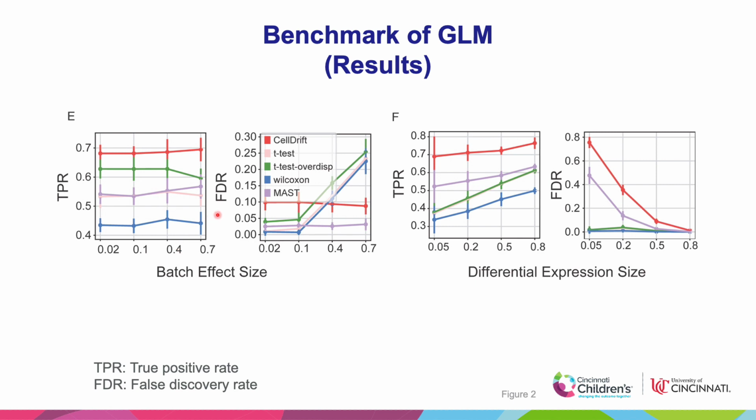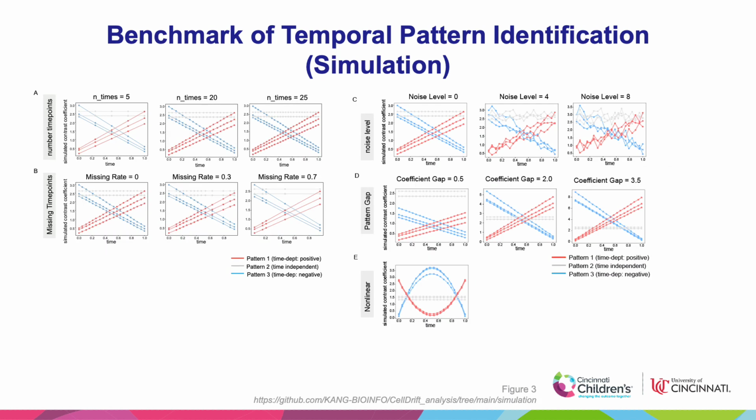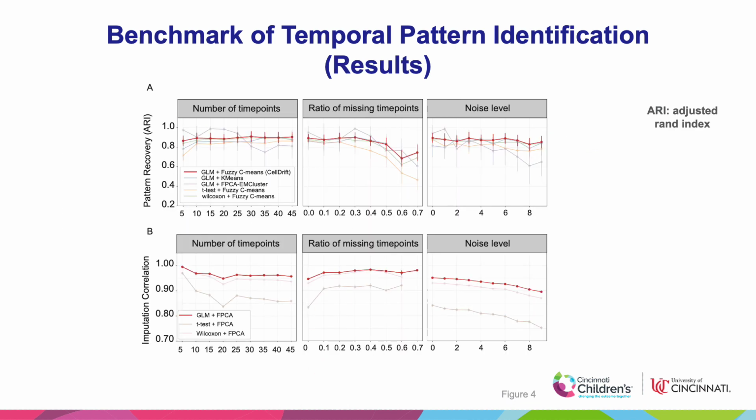Although the performance of FDR is not always the best in CellDrift, the range of FDR is in a reasonable range. Furthermore, we benchmark CellDrift with other methods to evaluate the identification of temporal patterns. So we simulate single-cell data with perturbation effects across time points, and we simulate different parameter settings.